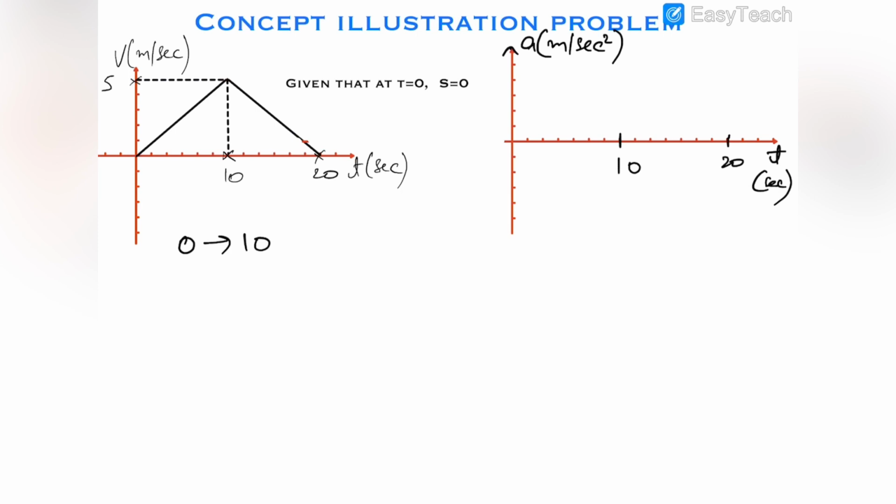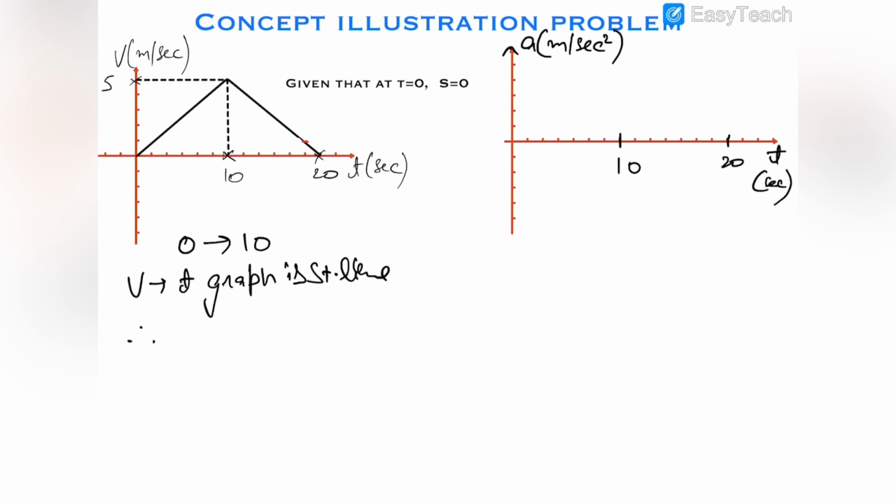So we have to choose the time slot from 0 to 10. In the 0 to 10 time slot, you can see that the VT graph is a straight line, and therefore we have to differentiate this graph.